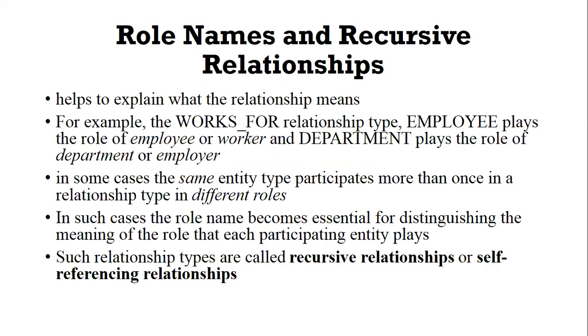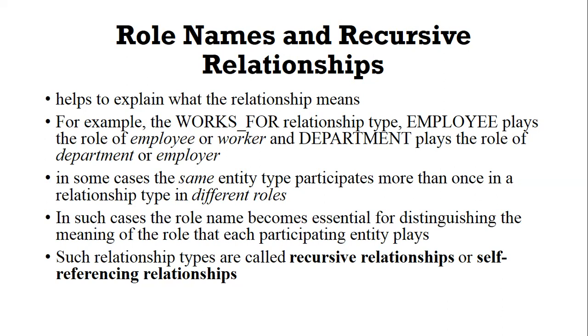The next thing is role names and recursive relationships. These things will help to explain what the relationship means. For example, works for is the relationship type. The employee plays the role of an employee or a worker, and the department plays the role of the department or employer.